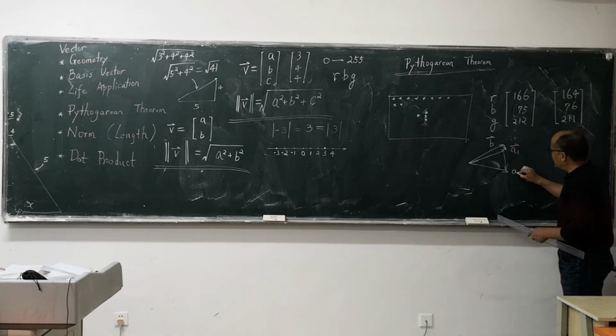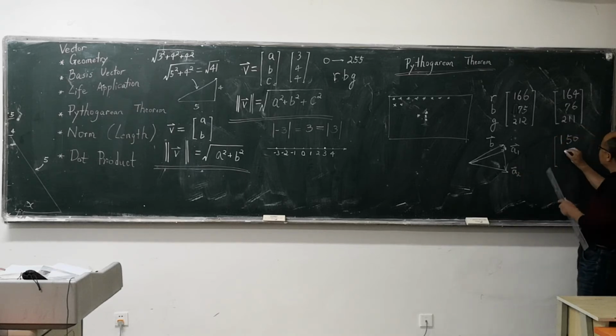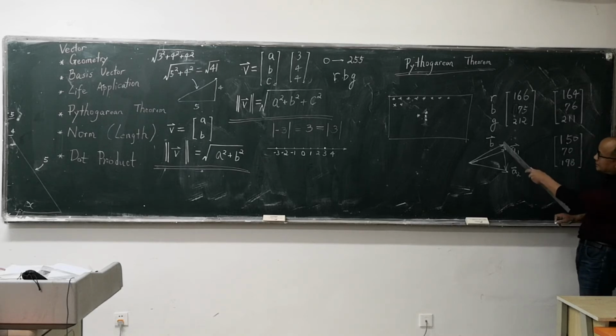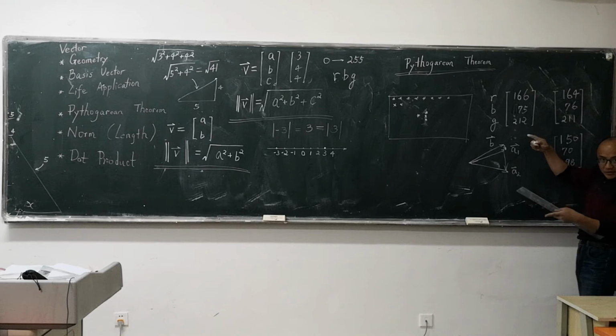And this is A2. And so let's make it 70. And this is 198. Now this vector is here. The distance from the background to here is longer.